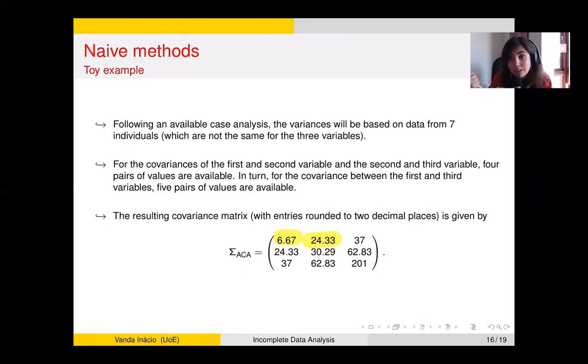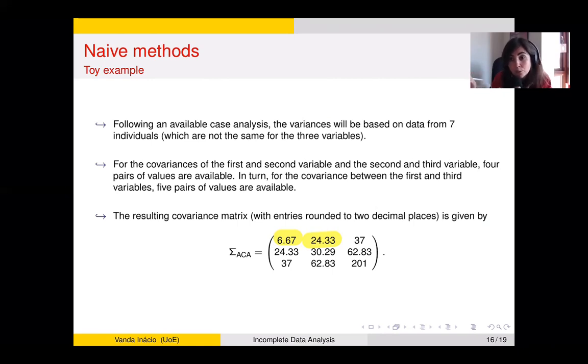Available case analysis tries to mitigate this loss of data and uses all available pieces of data to compute the different quantities. It is basically used for computations of covariance and correlation matrices.